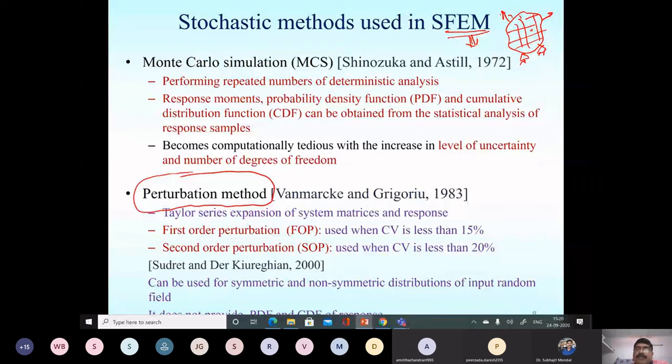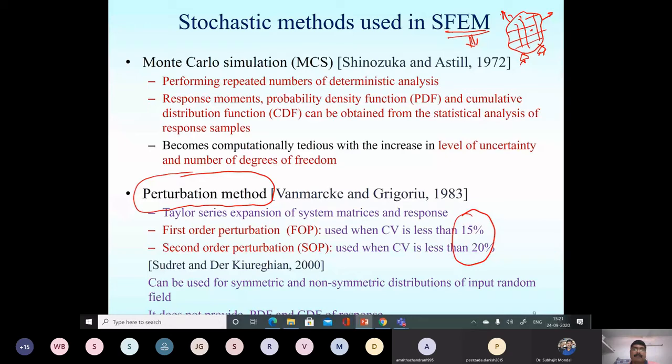This is acceptable because for most of our engineering materials and engineering loads, we do not accept more than say 15 to 20 percent variability. Within that variability, this gives better results. That is why this is popular, and most of the methods are developed based on the perturbation method.